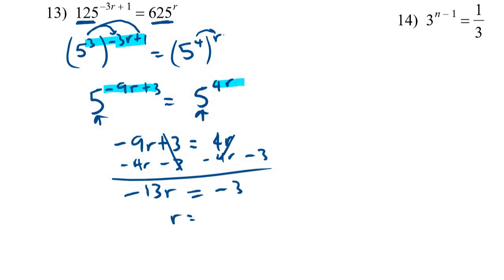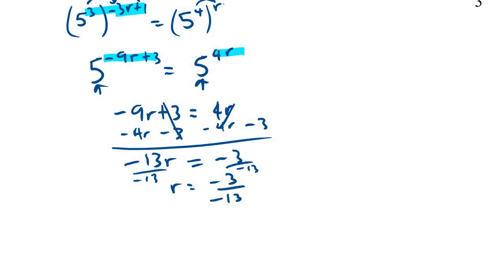So r is negative 3 over, divide both sides by negative 13. r equals negative 3 over negative 13, which the signs are going to cancel. So r equals 3 over 13. Okay.